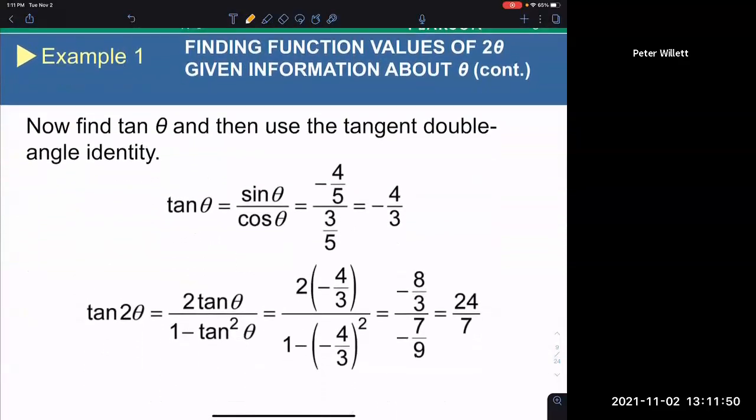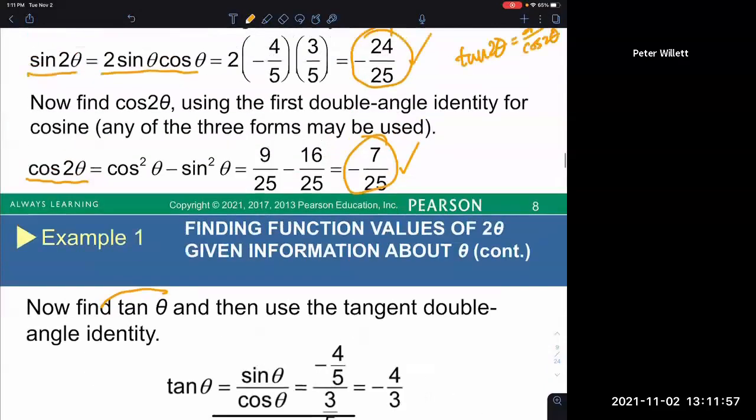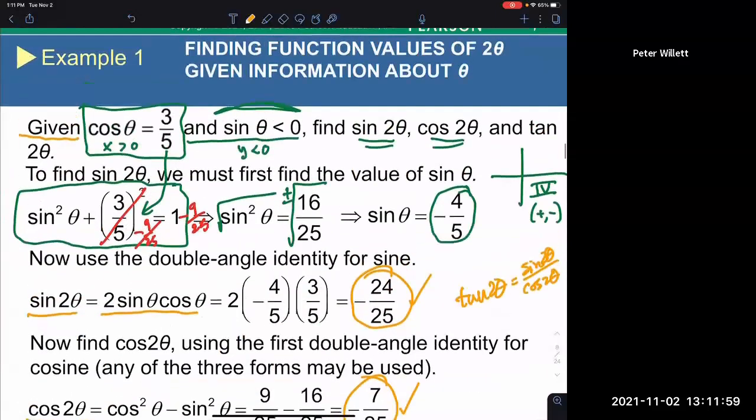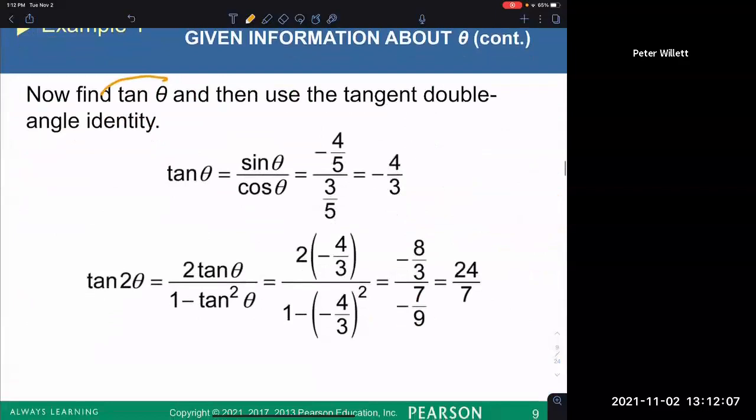Okay, so finding values of 2 theta. Now we're supposed to find tan. Well, the goal was to find tan of 2 theta, tangent of 2 theta. So let me point out here, the goal is to find tangent of 2 theta.